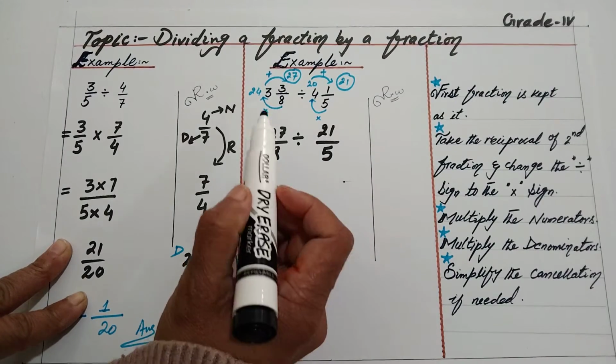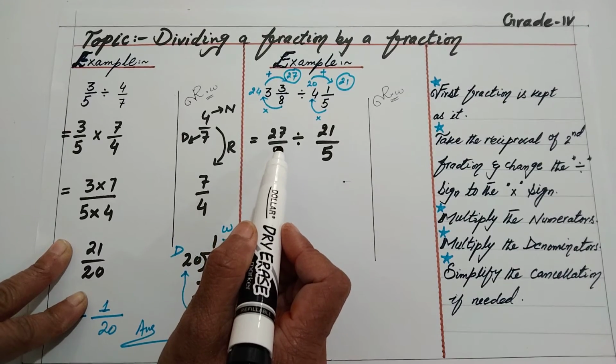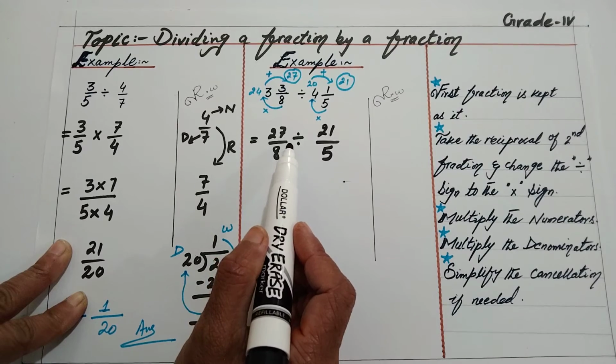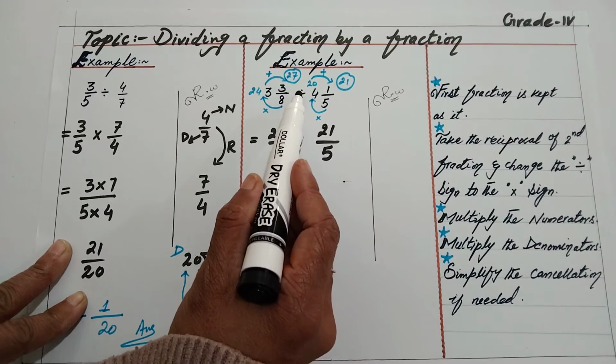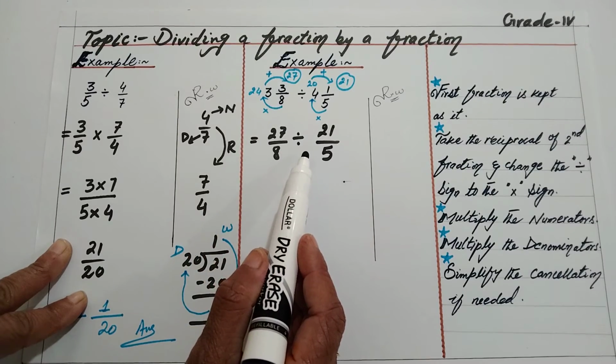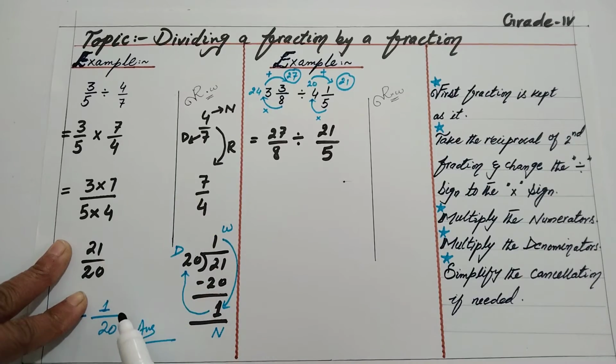So first convert the mixed fraction to an improper fraction, and when you convert it, you will not change the sign, because we are just converting the mixed fraction into an improper fraction. Now from this step we will follow the steps to divide a fraction by a fraction.